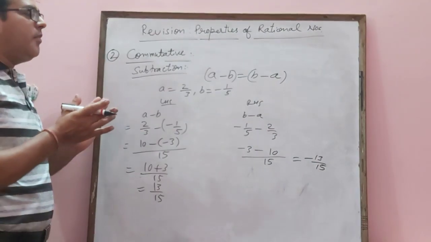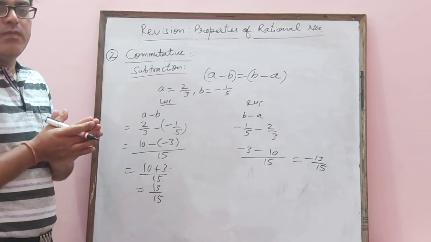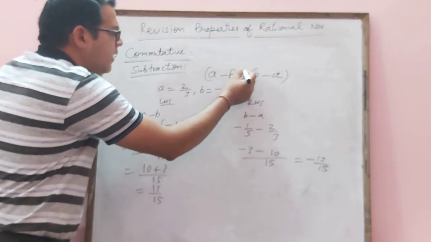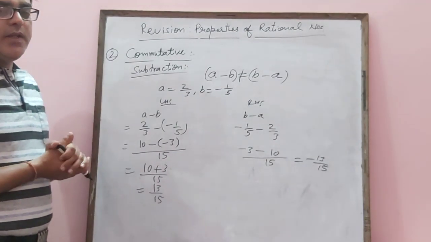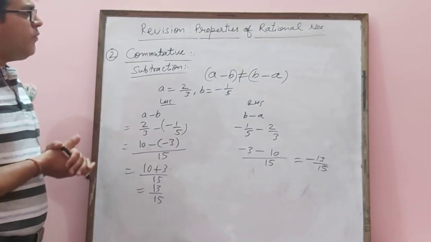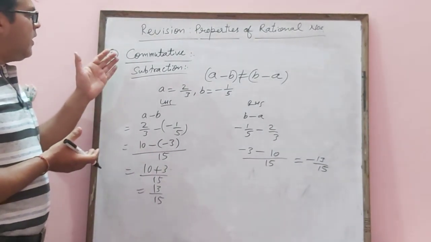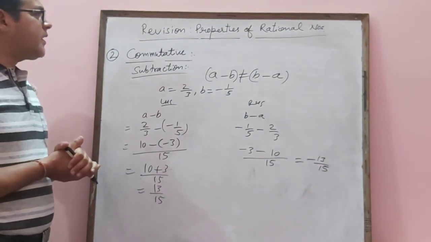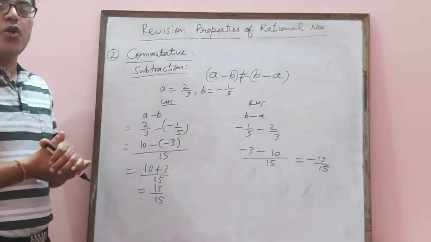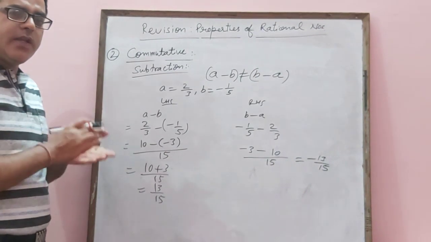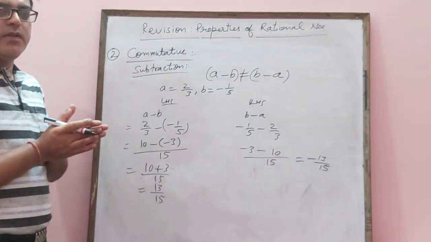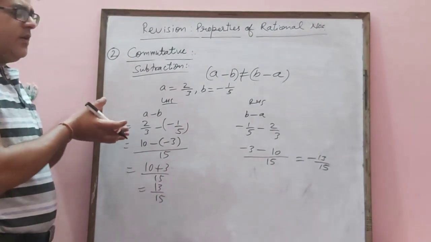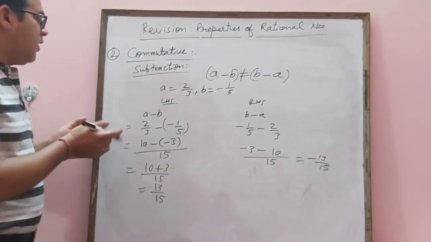It means the values are not the same. So we can't say A minus B equals B minus A. So this property fails here. It means subtraction of rational numbers is not commutative. We can't say A minus B is the same as B minus A. This is a very common thing.